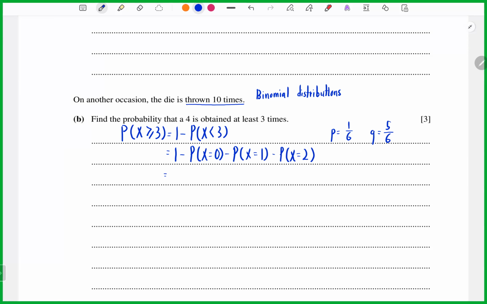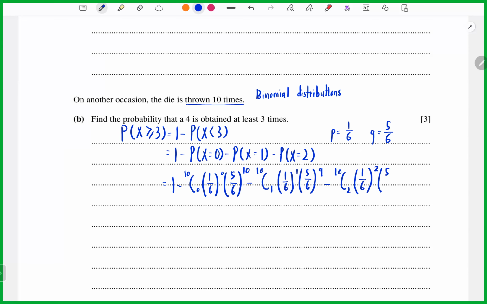So you can write 1 minus 10C0 times 1 over 6 to the power 0 times 5 over 6 to the power 10, minus 10C1 times 1 over 6 to the power 1 times 5 over 6 to the power 9, minus 10C2 times 1 over 6 squared times 5 over 6 to the power 8.